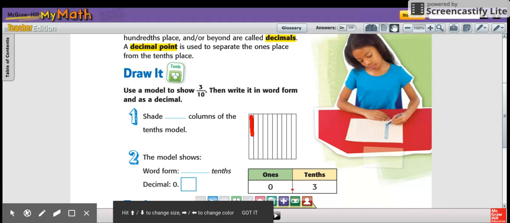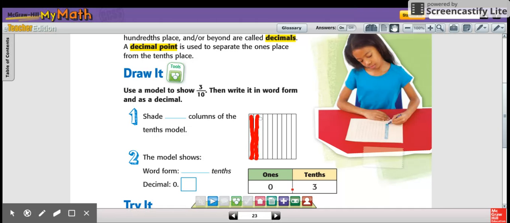So shade this one in, shade this one in, and shade this one in. So we're going to shade 3 columns in. So we have 3 tenths, 3 of the 10. We have 10 columns. 3 of them are shaded, so that's 3 tenths.